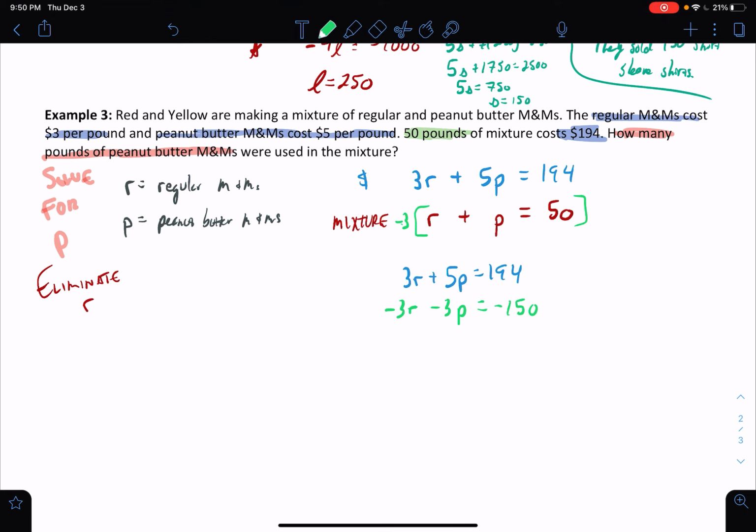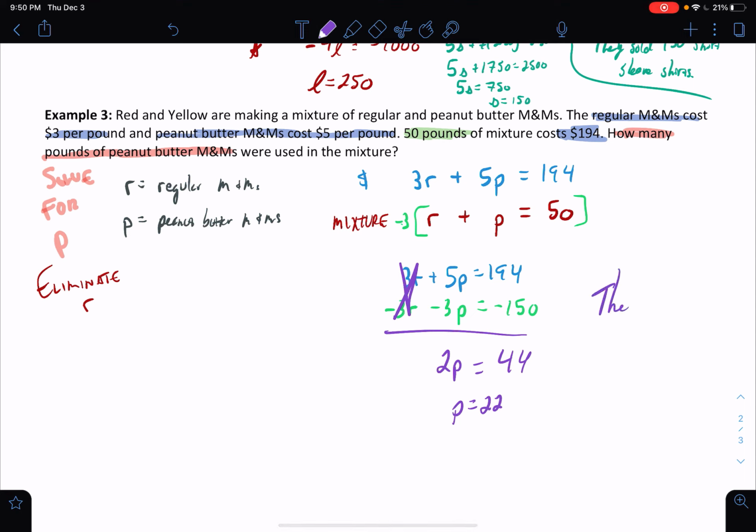All right? Now, if I add these two equations together, the R's get eliminated. 5P minus 3P is 2P. And then 194 minus 150 is going to give me 44. Divide both sides by 2. P is going to equal 22.